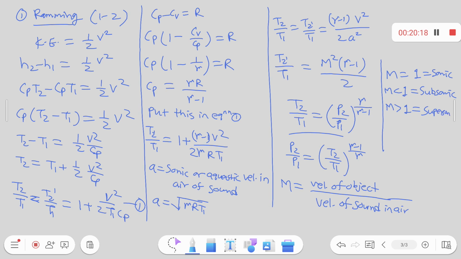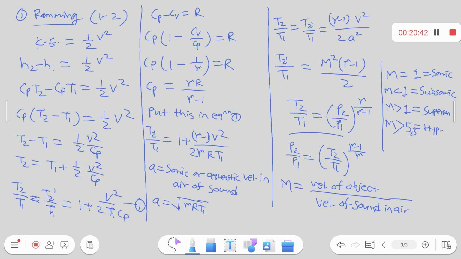And what is hypersonic? If Mach number is more than 1, then it is called hypersonic. Or sometimes Mach number greater than 3, right? Our missiles are hypersonic. BrahMos missile is hypersonic, which is moving at a Mach number of more than 3. Somewhere it is considered 3, somewhere it is 5.